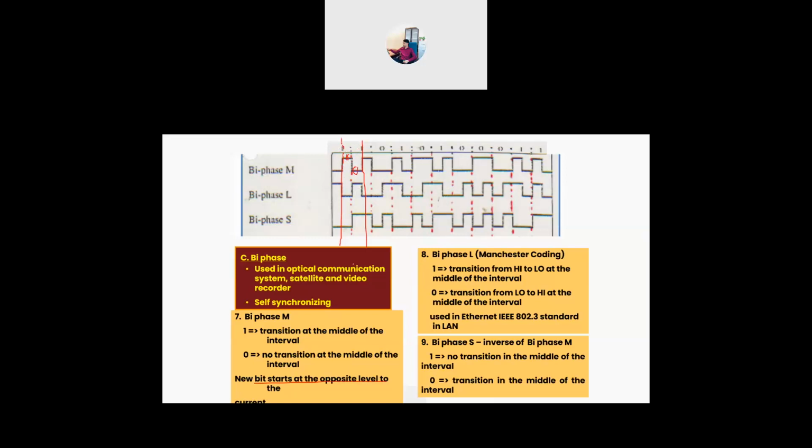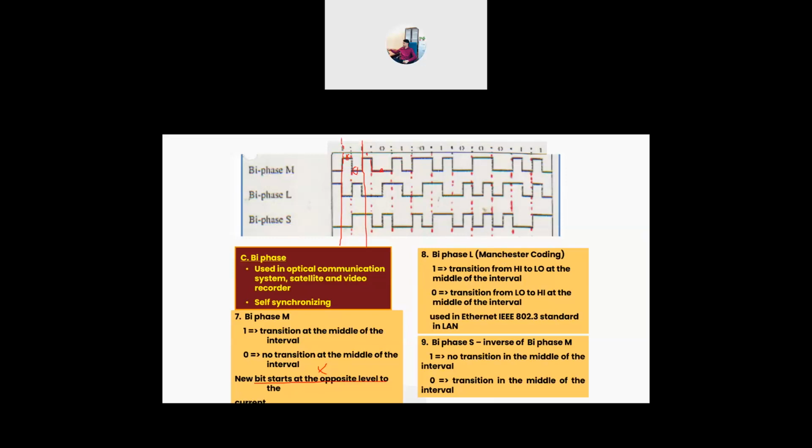And then for the 0, it is another new bit, so you're going to have the opposite level. If this is positive, this will be negative. Because this is a bit 0, we don't have a transition in the middle of the interval. Then new bits will start at the opposite level. This one is low, so the next one will be high, and then there will be a transition in the middle of the interval.